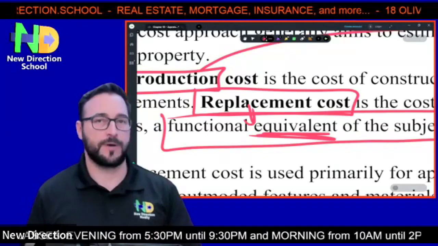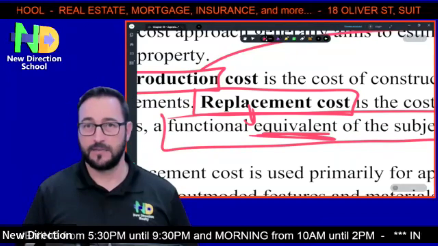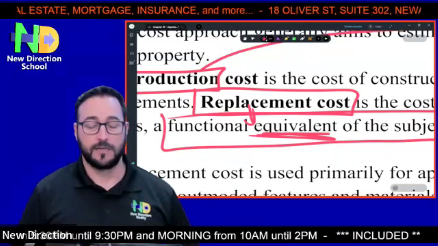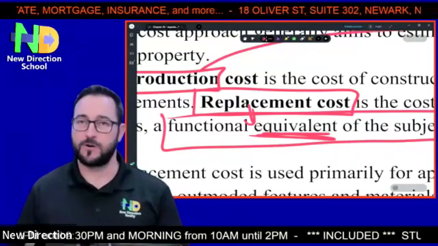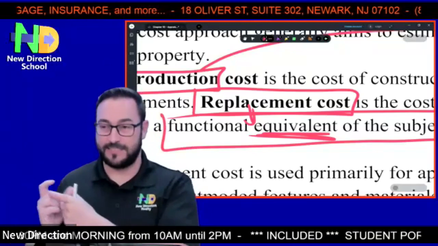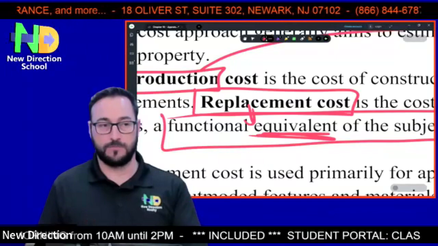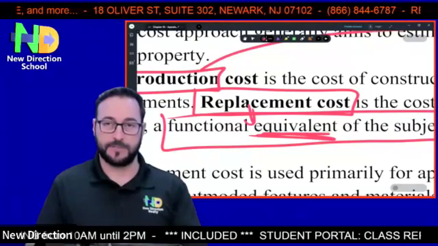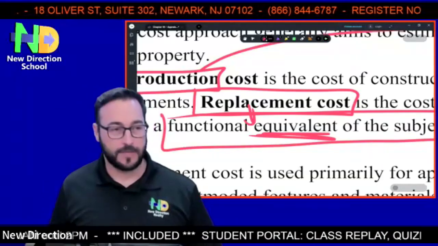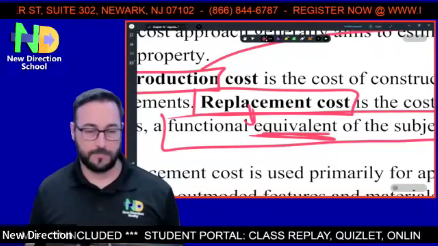PVC, for instance. Plastic and bonding pipes. That's all we use right now. Okay. So replacement cost means it serves the same function. PVC serves the same function as the copper pipes, but it's cheaper and easier for labor purposes, right? If you use copper, you need to be a welder, right? And copper is expensive. So that's the difference.